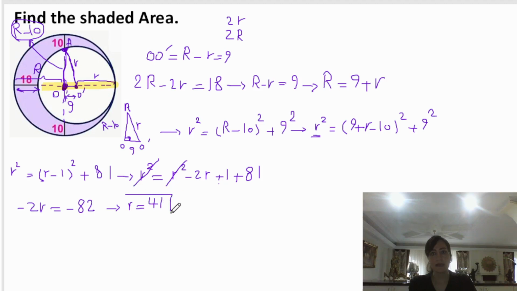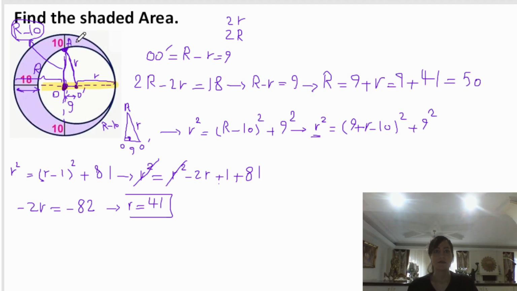It's the radius of the inner circle. Now the radius of the outer circle equals 9 plus the smaller radius. I substitute 41 here, which is 50. So the radius of the outer circle is 50.